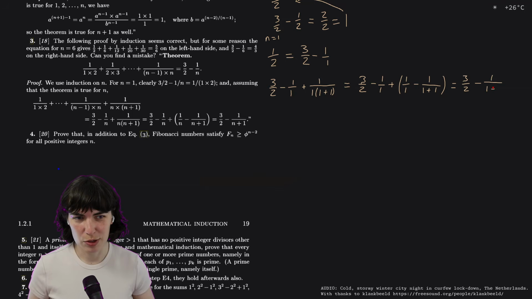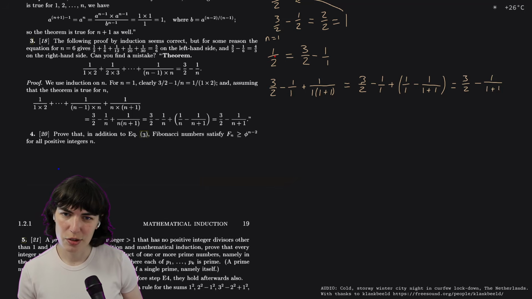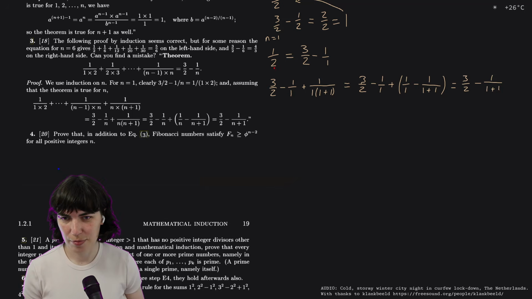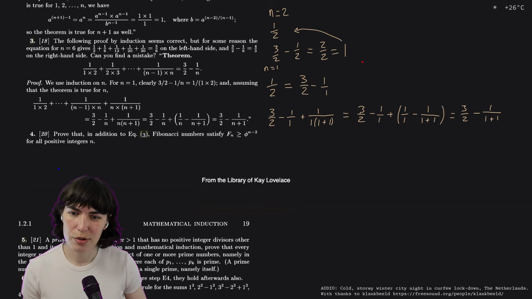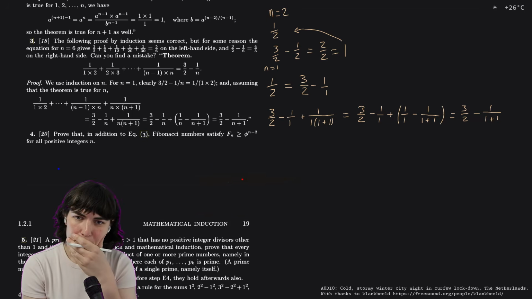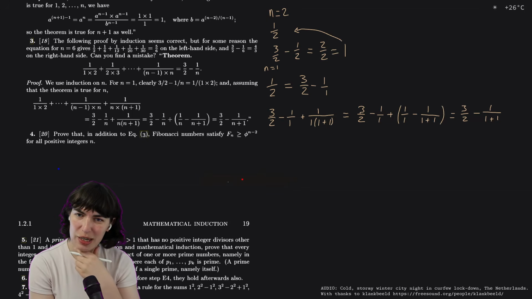One over 1 plus 1. So somewhere in here, there's a mistake. How do we compare this to what we got out of n equals 2? Right, so we get 3 over 2 minus 1 over 2, as we should, from n equals 2.